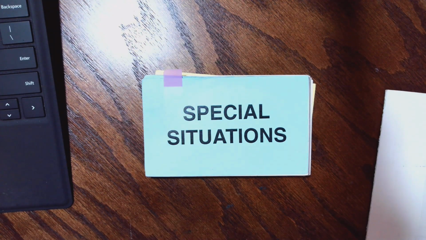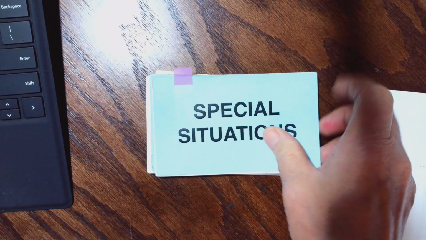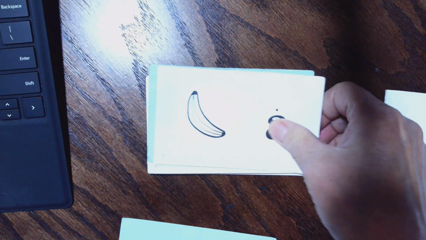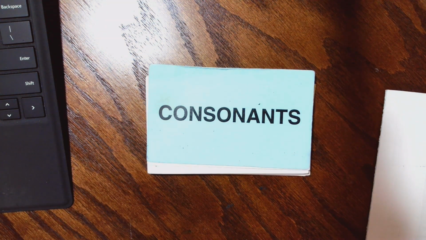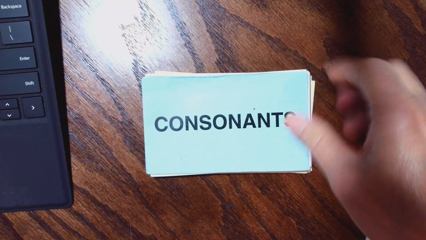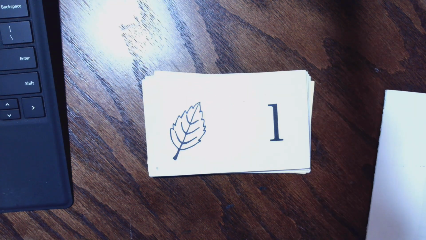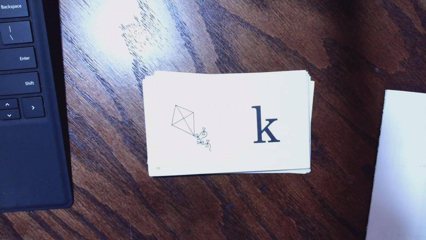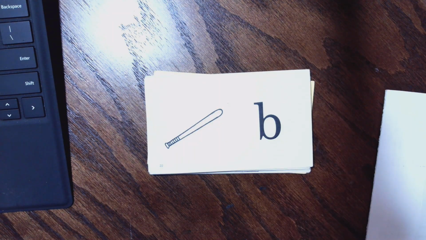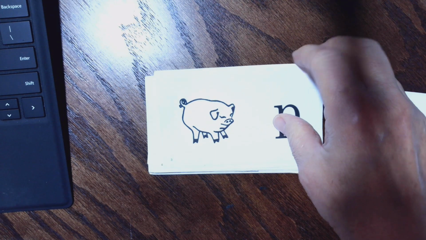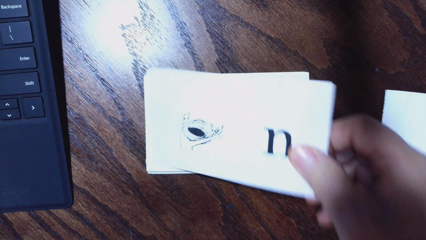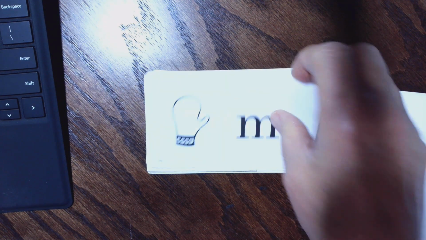Special situations are just special. A, banana. Consonants close the mouth. The sound is blocked or partially blocked by the tongue, teeth, or lips. T, table, t. L, leaf, l. K, kite, k. B, bat, b. P, pig, p. N, nest, n. M, mitten, m.